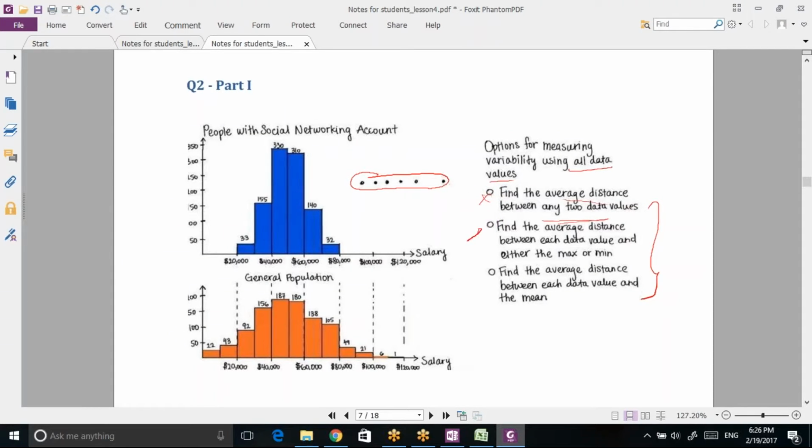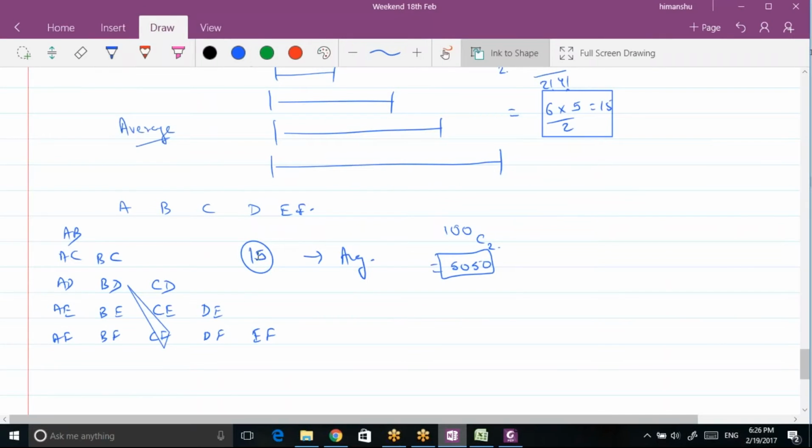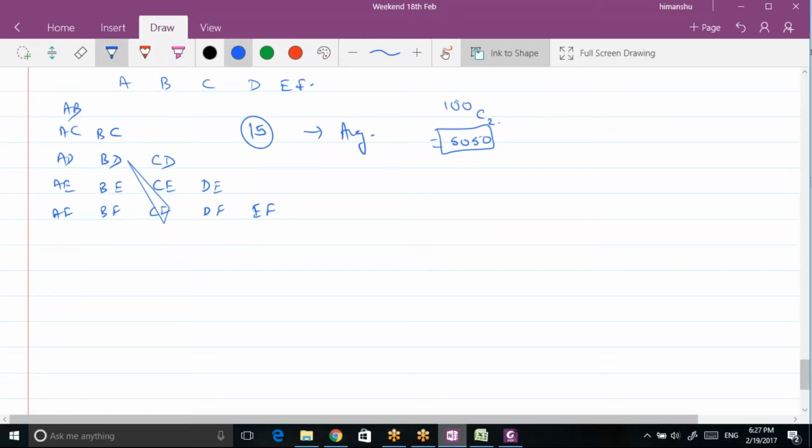How about the second one? Find the average distance between each data value and either the maximum or minimum. So what it is telling you in this case is, I have 6 values.